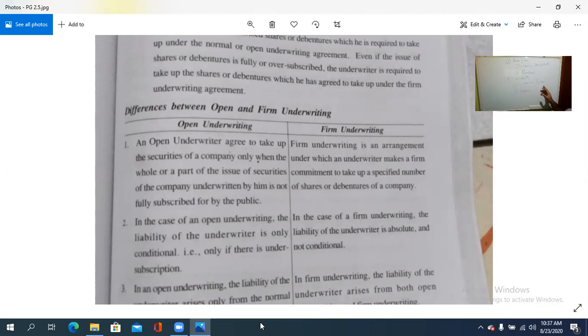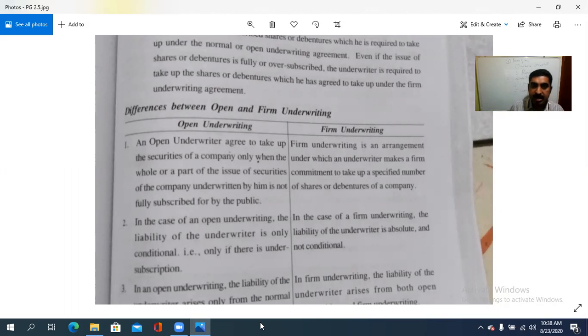There is a difference between the two, because here there is only a specified number of shares. In one case, if the general public does not subscribe fully or partially, then either the whole or a portion of the shares is to be taken up by the underwriter. It is a case of open or pure underwriting. While in firm underwriting, a specified number of firm commitment is to take up a specified number of shares even though there are enough shares or debentures that are not subscribed by the public. That is firm underwriting. So we will check the differences between open and firm underwriting.